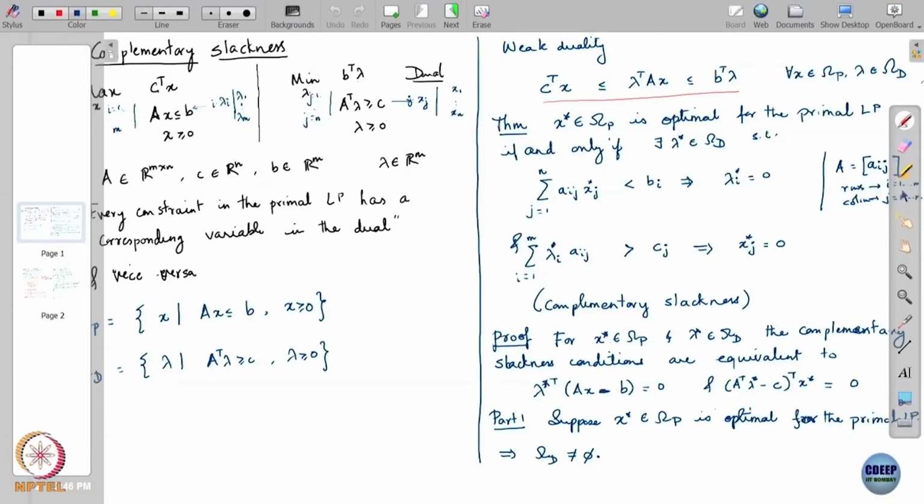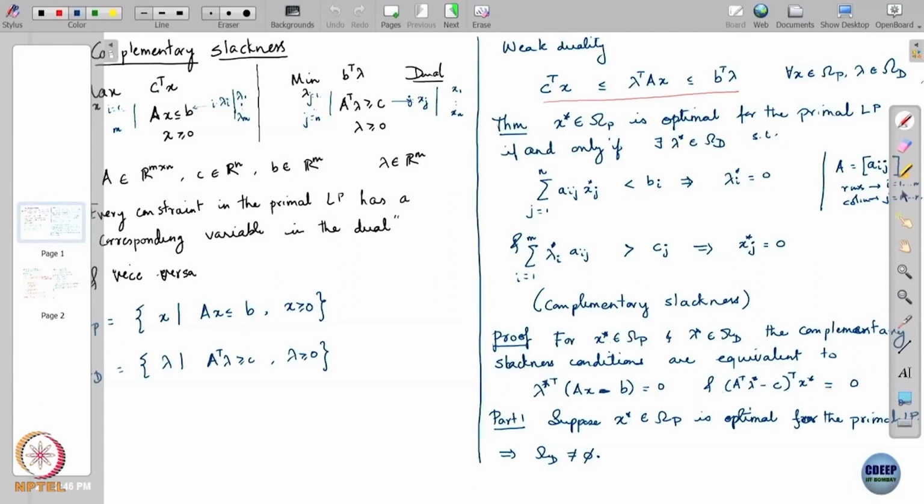It teaches us that if you take a candidate feasible solution x star for the primal and a candidate feasible solution for the dual, lambda star, they are optimal if and only if they satisfy these two equations. Now, these two equations, if you see them, are actually not linear equations. It says that lambda star transpose something in x must be equal to 0, and likewise something in lambda transpose x star is equal to 0.